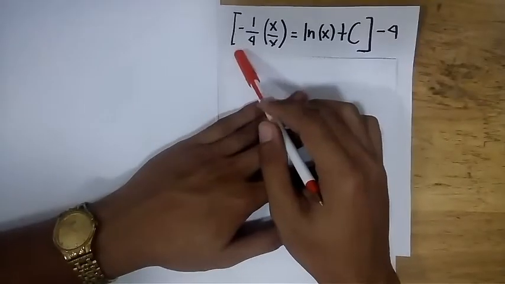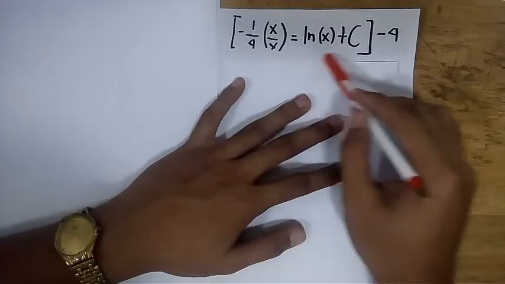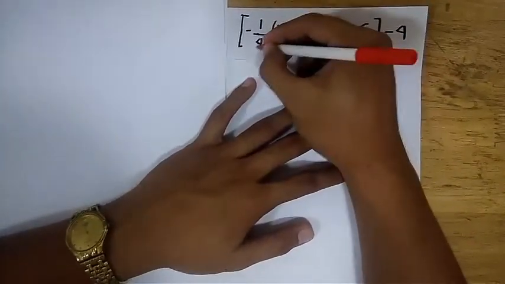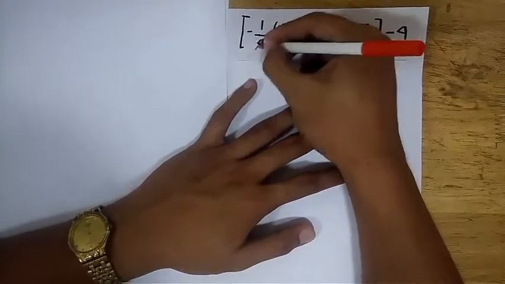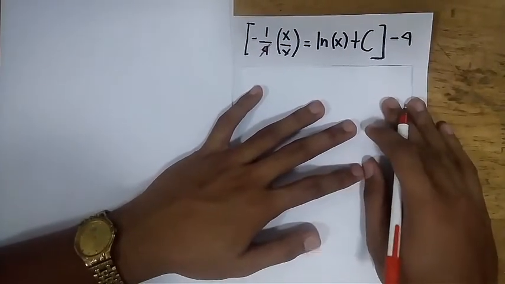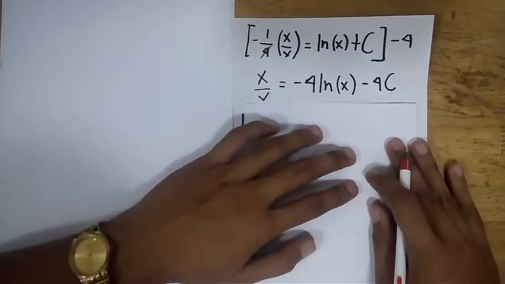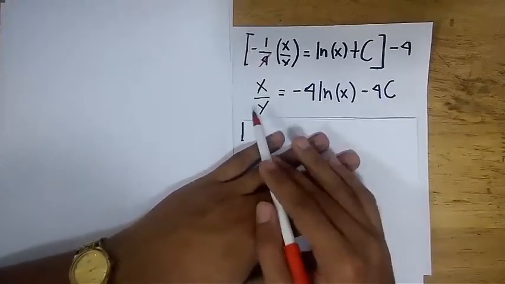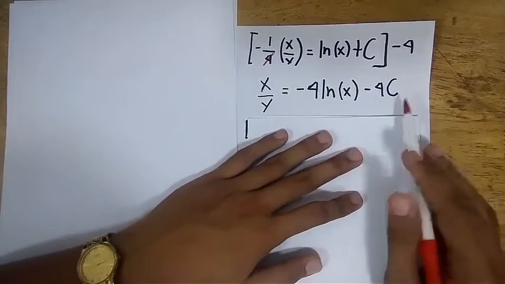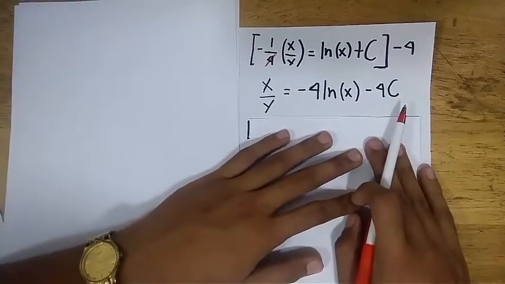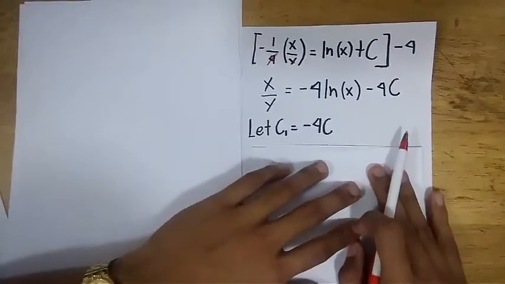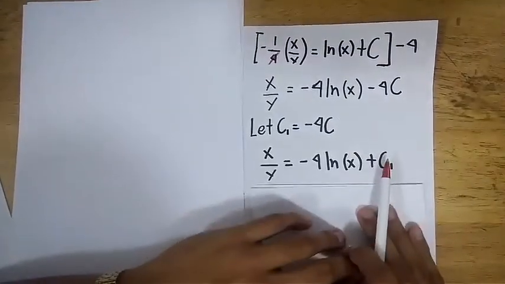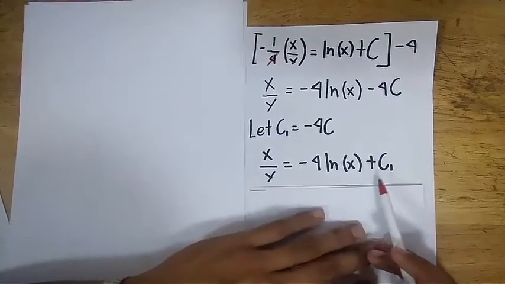So we could cancel the denominator by multiplying it by negative 4. So x minus y equals negative 4 ln x minus 4c. As earlier, we let c1 equal negative 4c.